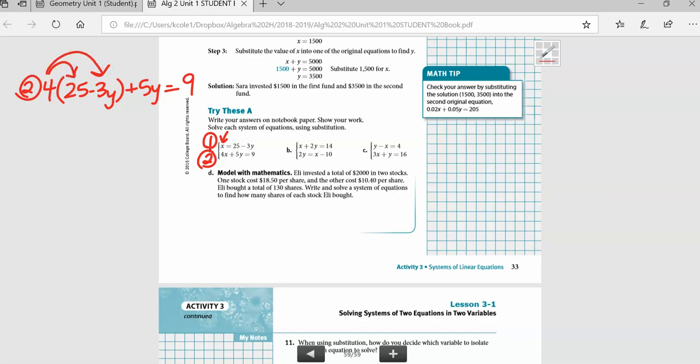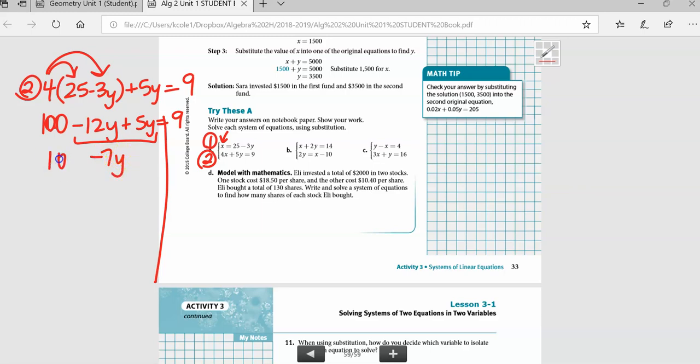Like so, 25 times 4 is 100, minus 12y plus 5y equals 9. So I'm just solving this mathematically. Over here, these are on the same side, so I'm going to combine my like terms. That gives me -7, I believe, but I'm going to use my calculator just to double check. Yep, -7y. Bring down the 100, bring down the 9.